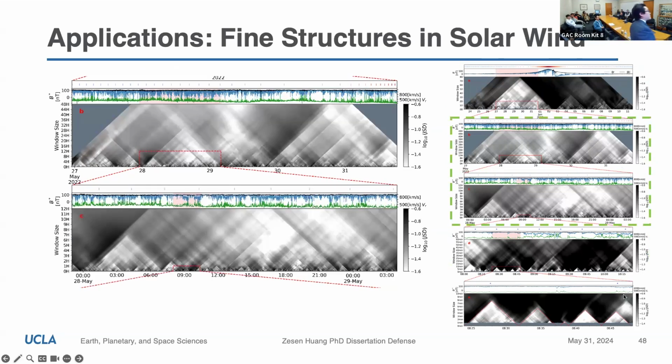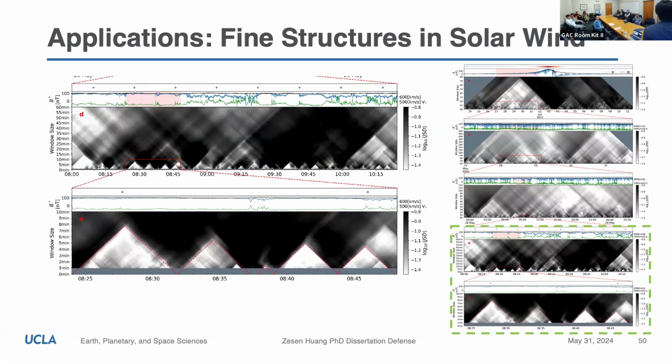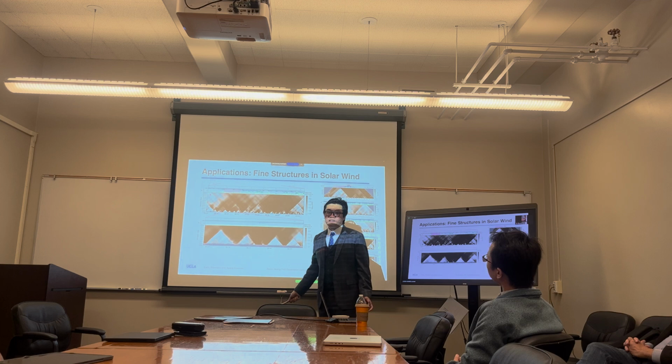Go to even smaller scales, we see there are more structures here. How about smaller scales? We see really intermittent and very clear boundary structures, and numerous structures that have extremely clear boundaries at the smaller scales, several minutes long.